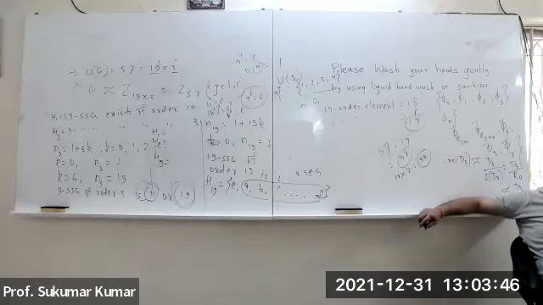When you check for a principal ideal, first your ring should be commutative. After that, whatever ideal you have, check that it is generated by only one particular element, like generated by 2 or generated by 4.